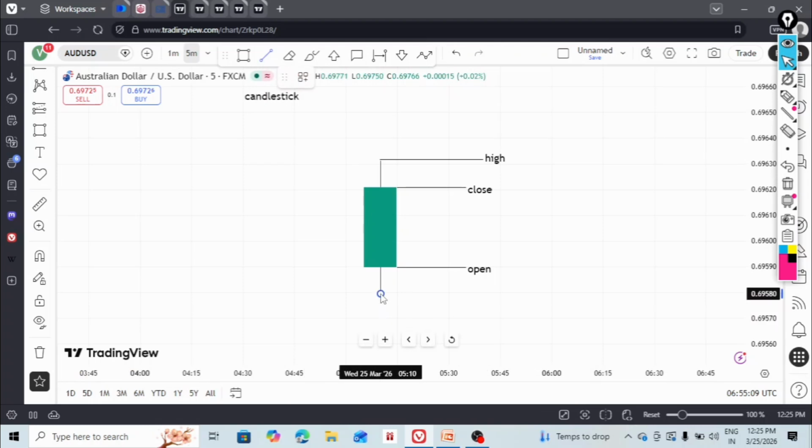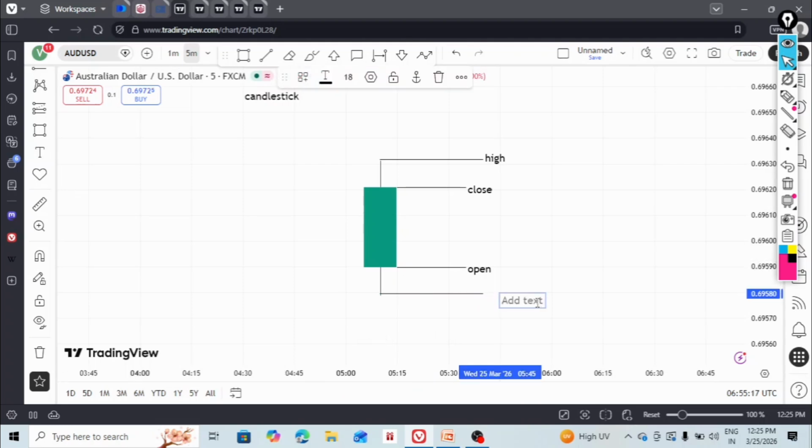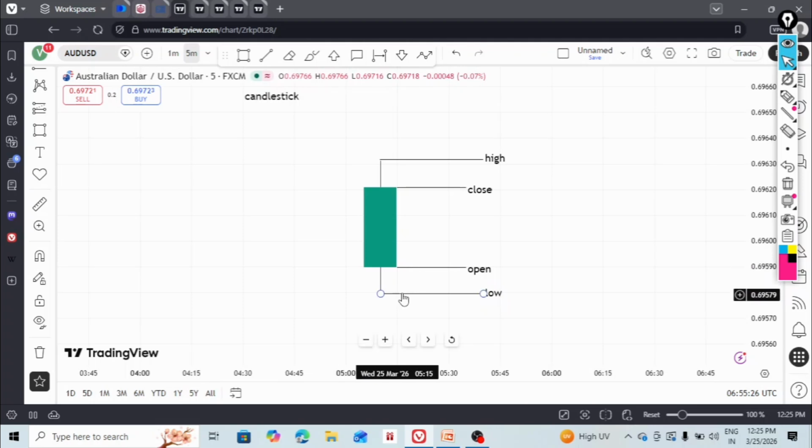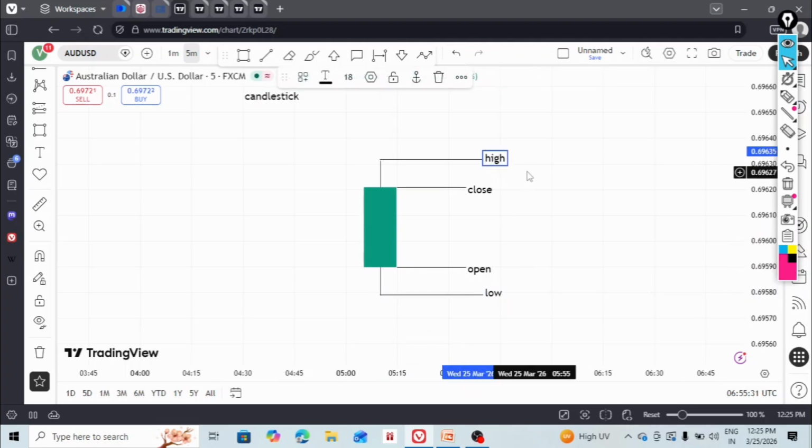And then the lowest point is here. The lowest price reached during this time is at this level. So this is the low, the low liquidity of the candle, and the highest point is the high liquidity of this particular candle.